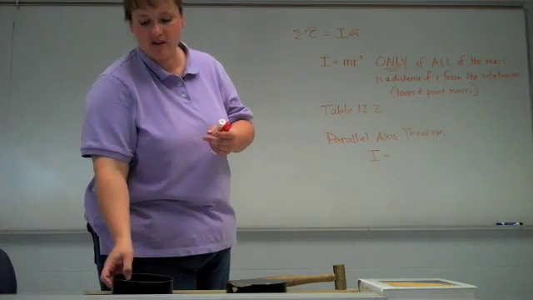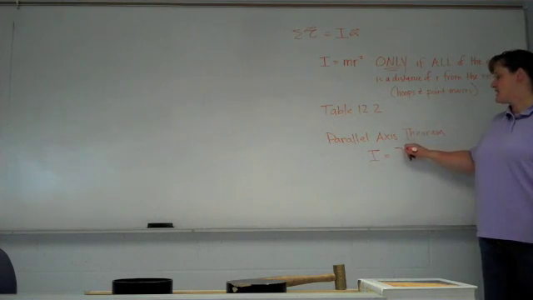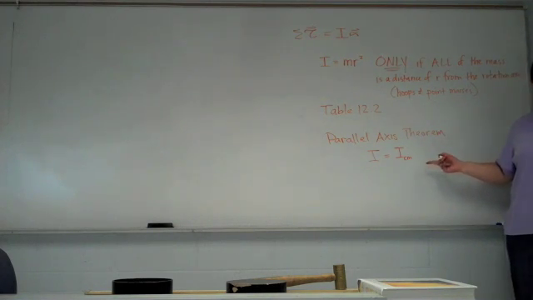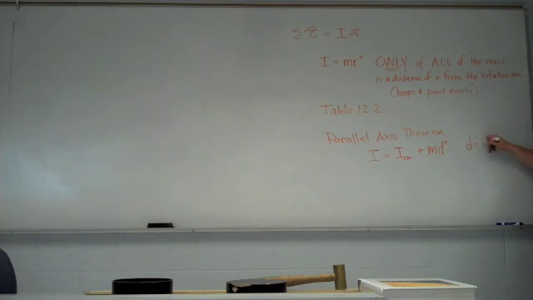To find the moment of inertia around that new axis, we simply need to take the moment of inertia through the center of mass, so the one off the table, plus the mass of the object times d squared. d is the distance between the new rotation axis and the center of mass.